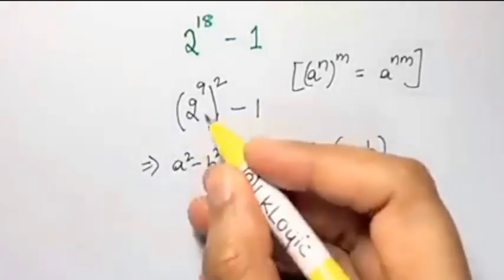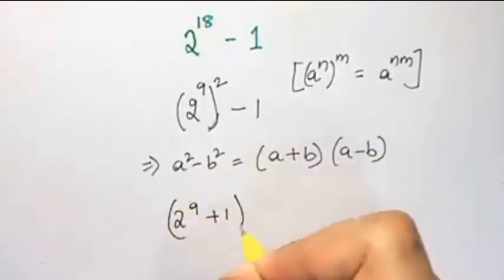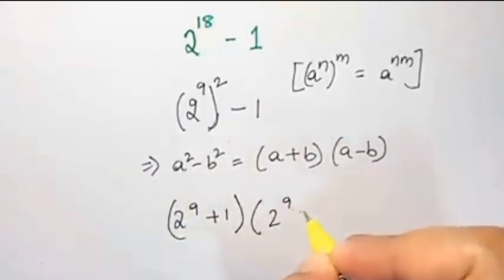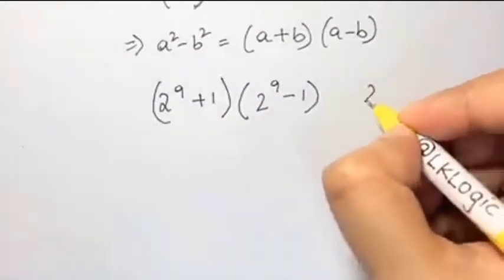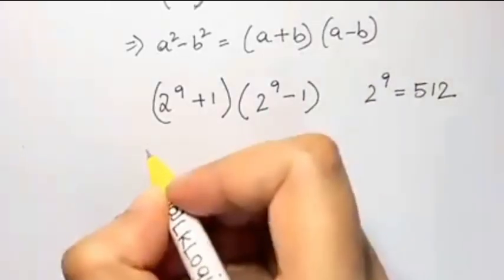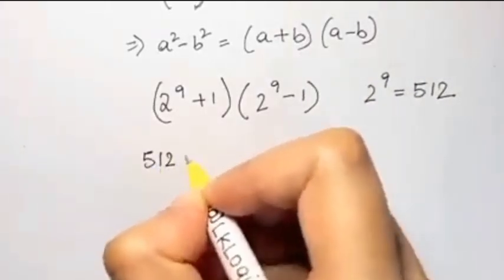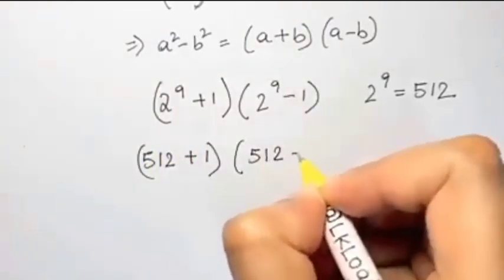So we have 2 to the power of 9 plus 1 times 2 to the power of 9 minus 1. And then, as we know, 2 to the power of 9 is equal to 512. So we're going to substitute that: 512 plus 1 times 512 minus 1.